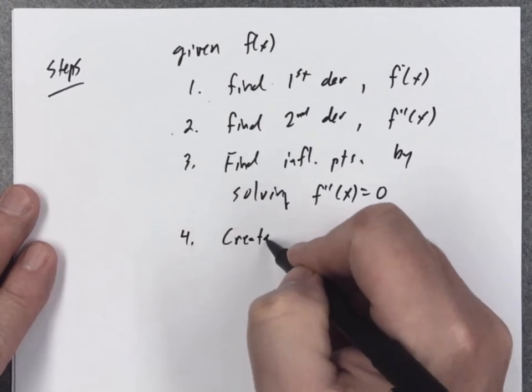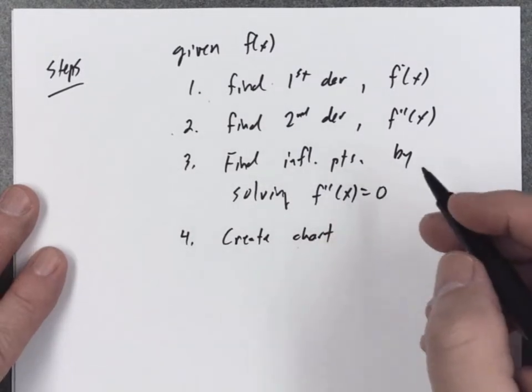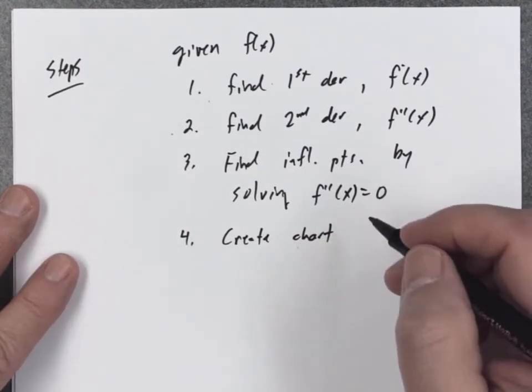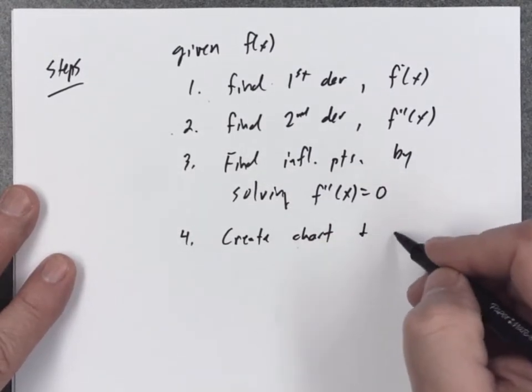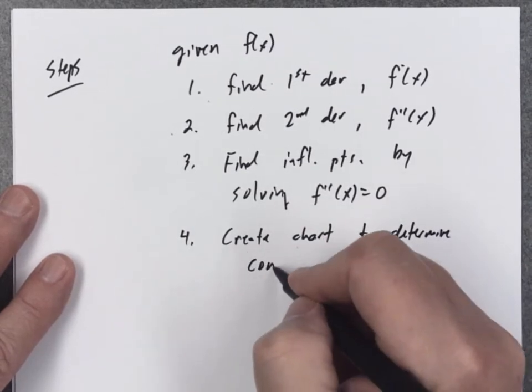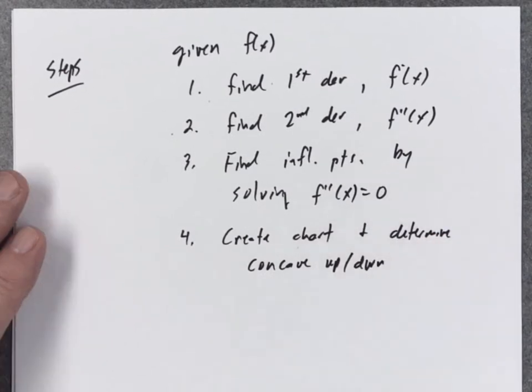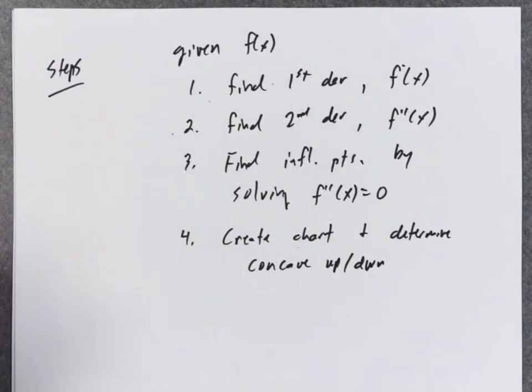And then once we have the inflection points, we can create a chart and determine where the function is concave up or concave down. These are really the same steps that we went through when we did the first derivative. All right, so let's do it.